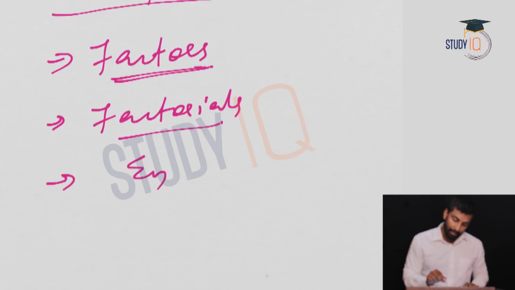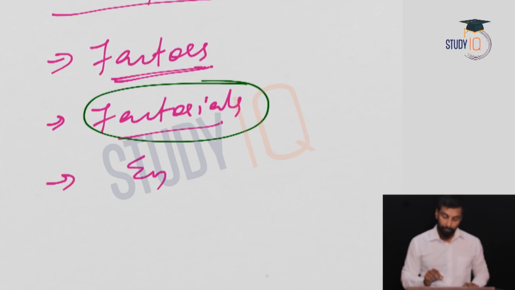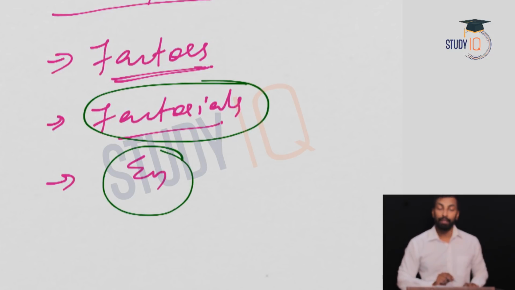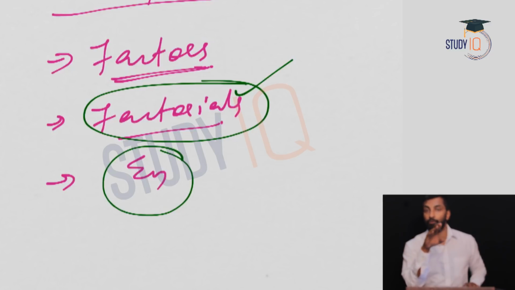So you will get questions based on factorials, and also questions based on sigma n. Factorial is nothing but product of consecutive numbers from 1. Sigma n is sum of consecutive numbers from 1. We will discuss enough examples when it comes to that particular video session.